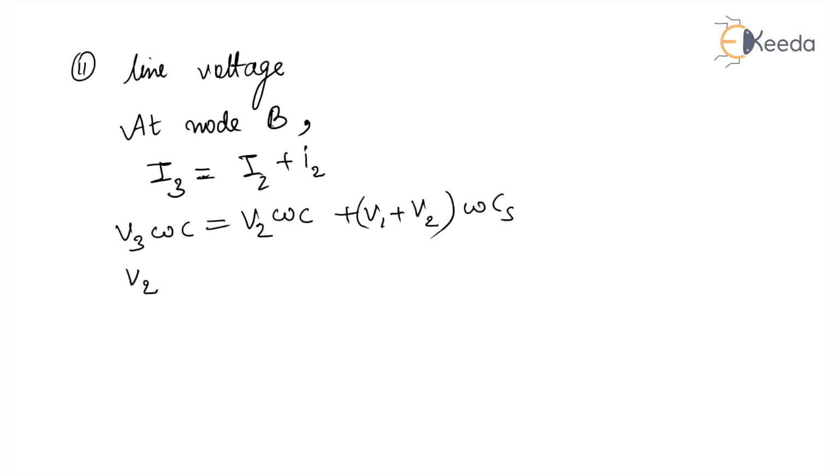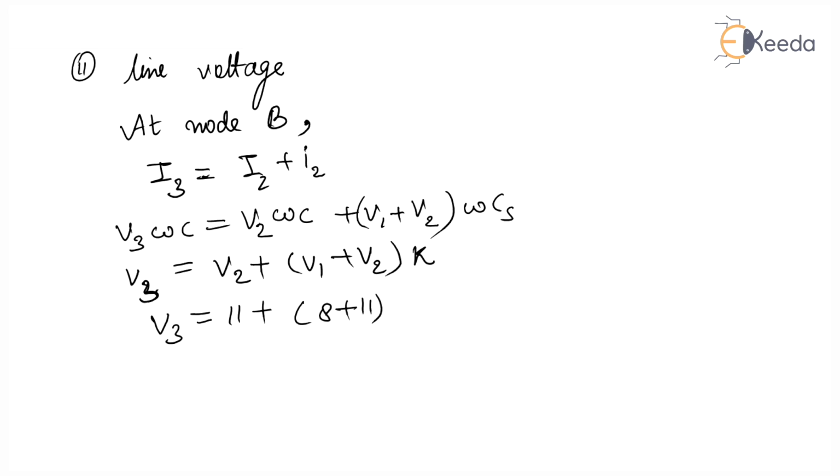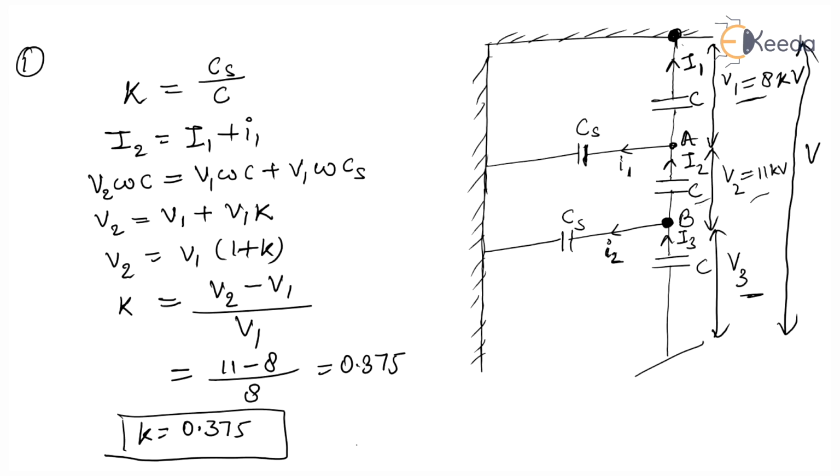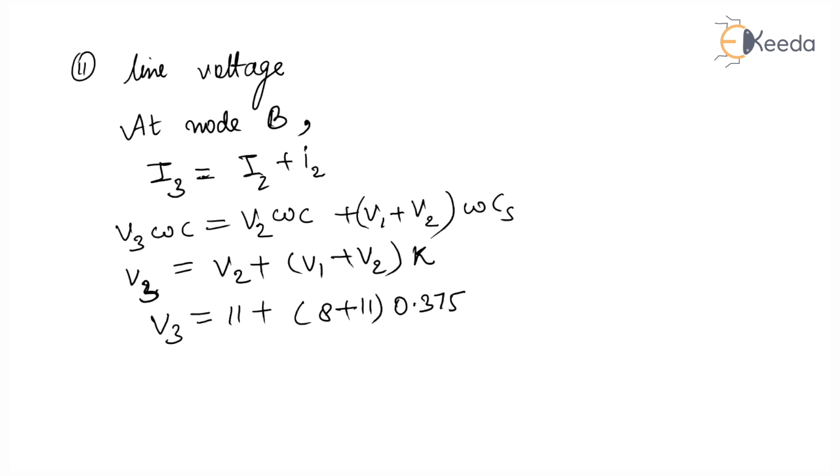Now send omega C to the right hand side. We can write this as V3 is equal to V2 plus V1 plus V2 into Cs by C. We know Cs by C is equal to K. So put the values of K, V2 and V1. V3 is equal to 11 plus 8 plus 11 into 0.375. You already found the value of K, that is 0.375.